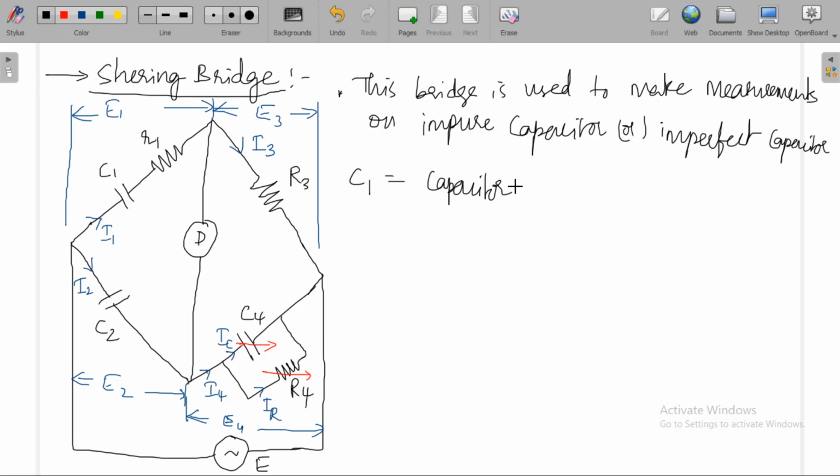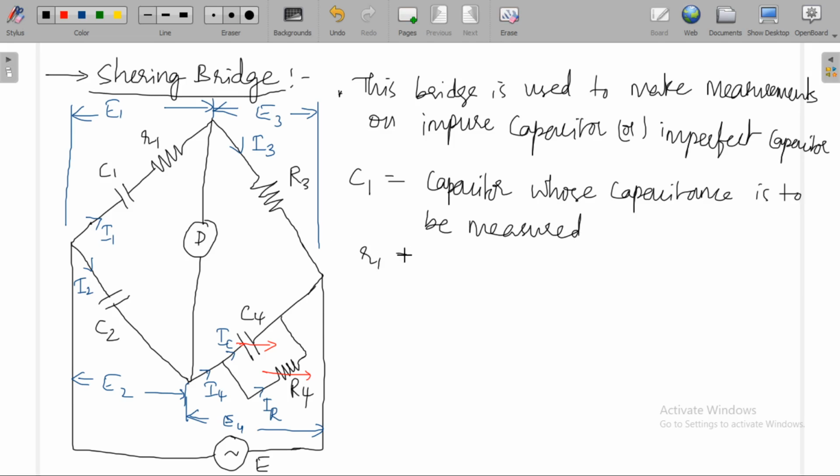The capacitor whose capacitance is to be determined is C1.